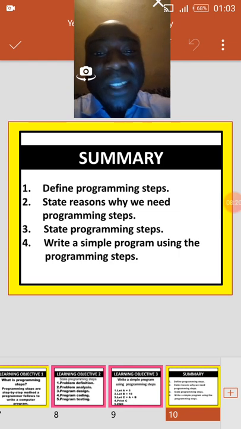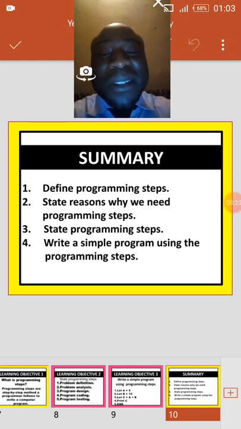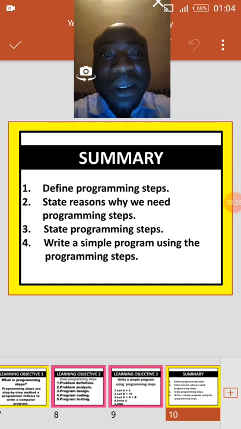And we stated programming steps, where we have 5: 1, problem definition, 2, problem analysis, 3, program design, 4, program coding, 5, program testing.